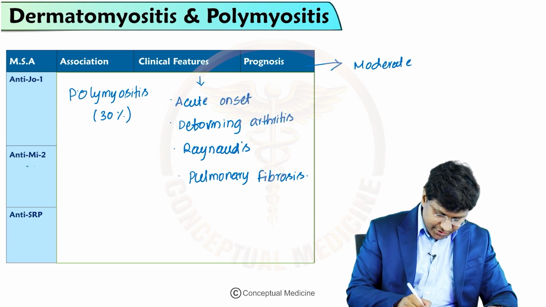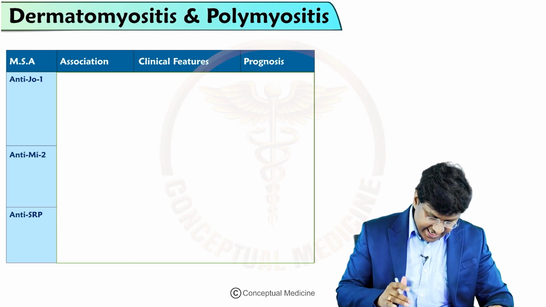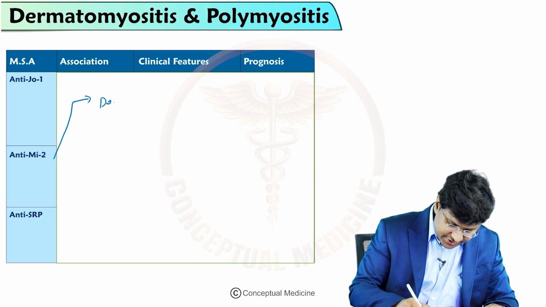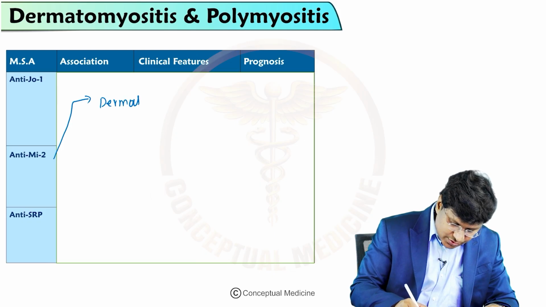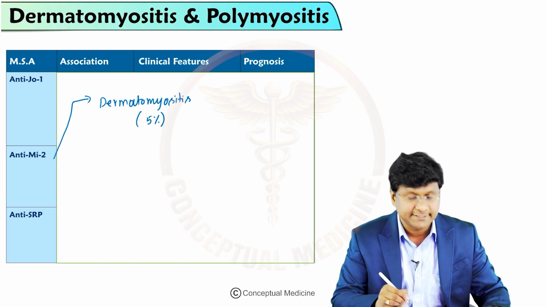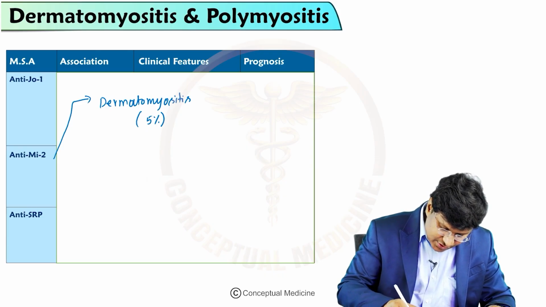Next, coming to anti-Mi2. Anti-Mi2 is present in dermatomyositis. And what about the sensitivity of anti-Mi2? Sensitivity is only 5%.